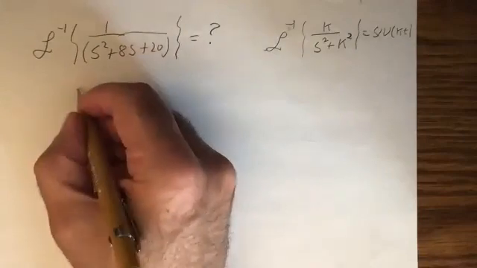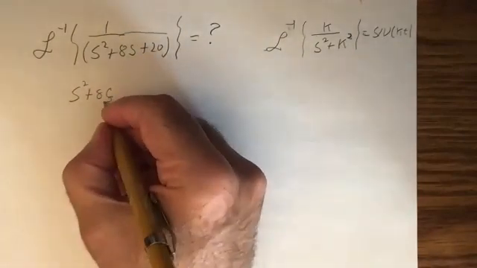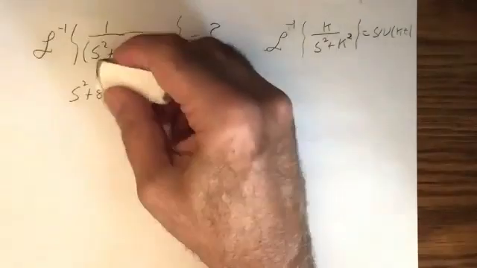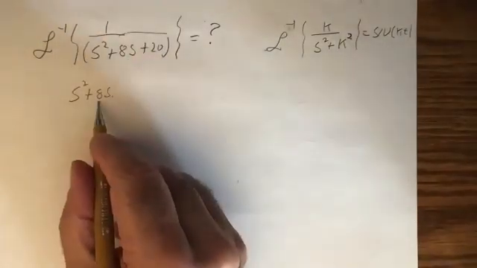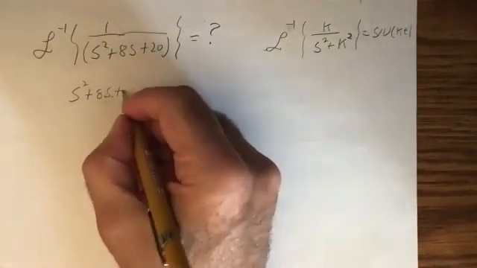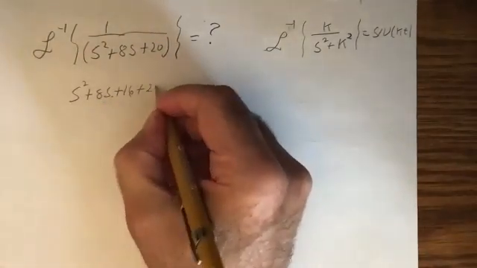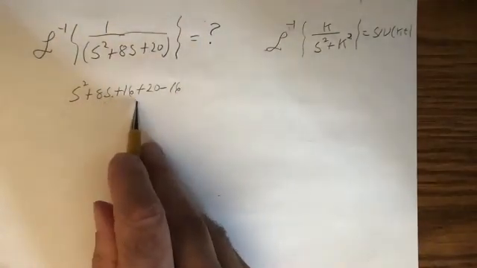So how do we complete the square? You all know from pre-calculus or high school how to complete the square. I take half of this and square it, so I'm going to add a 16. Then I have to subtract the 16. I can't just add a 16, I have to subtract the 16.